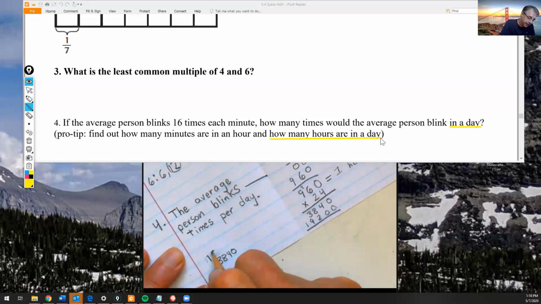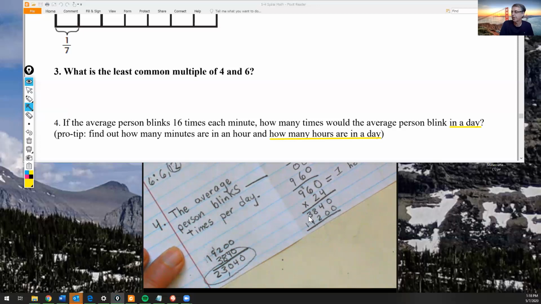I'm going to put 19,200 there and then add 0, 4, 10, 13, 2. And what I did is I basically took the numbers here, and instead of squishing, I just rewrote them here to add them.